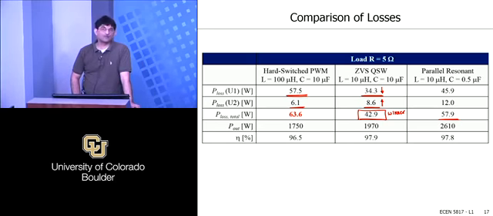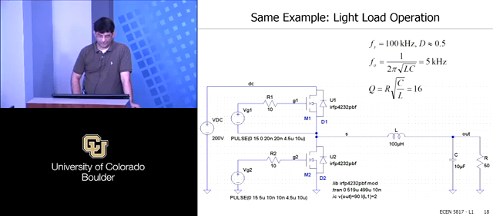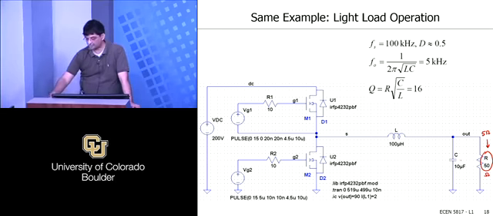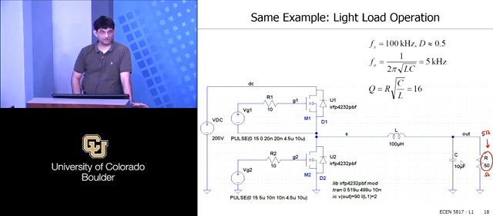We can also, I have a couple of minutes and that's all I need, look at these converters under light load operation, right? So all I do here is change the output load. Instead of 5 ohms, I'm going to a 50 ohm load resistor, and I'm just going to simulate those 3 circuits again under light load operation.